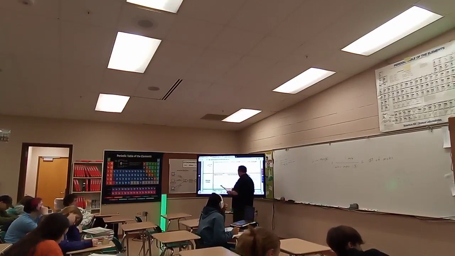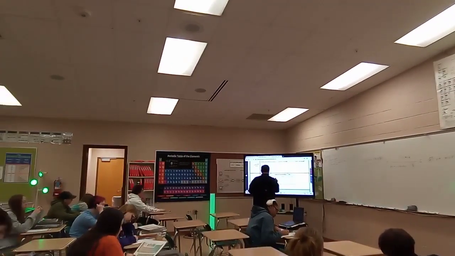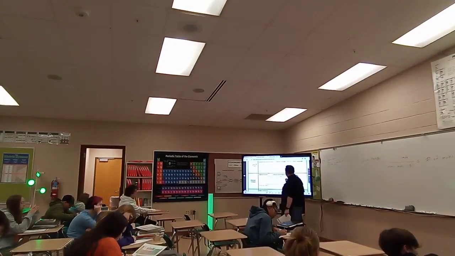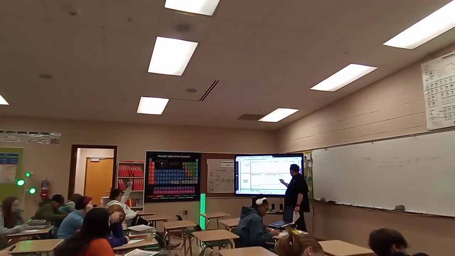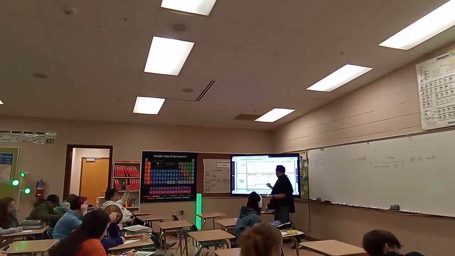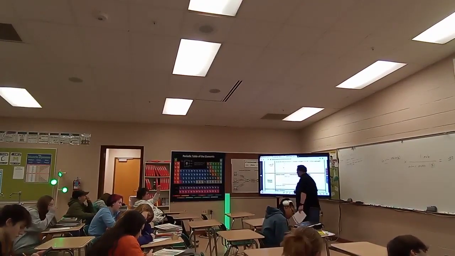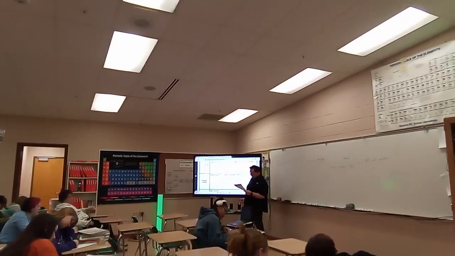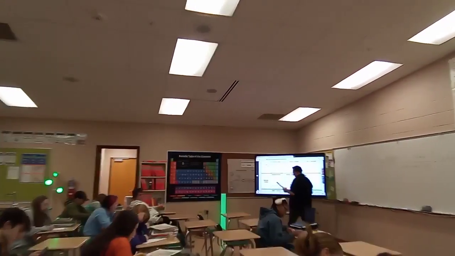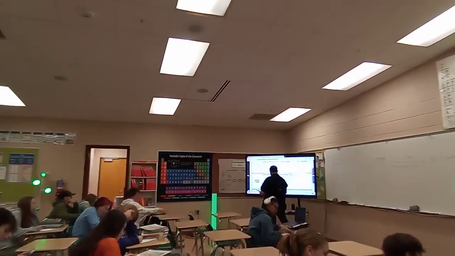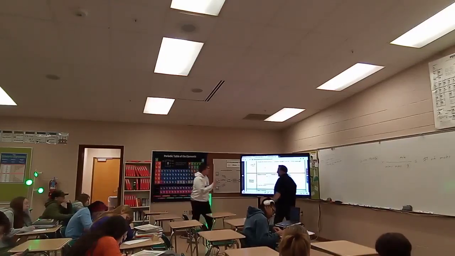So what happens if I go C2H4, what's the mass of that going to be? 28, right? If I go C3H6, what's the mass of that going to be? 42 grams. I could go C4H8, the mass of that is 56.